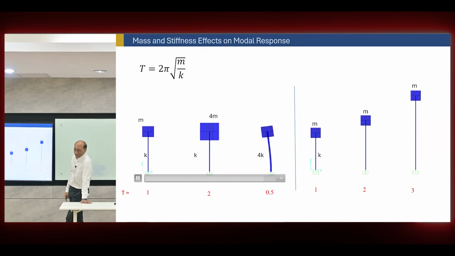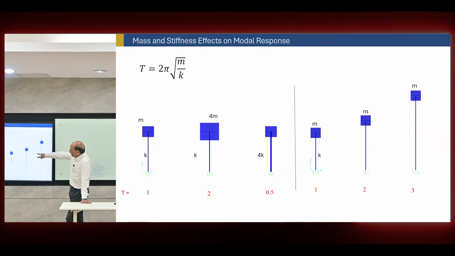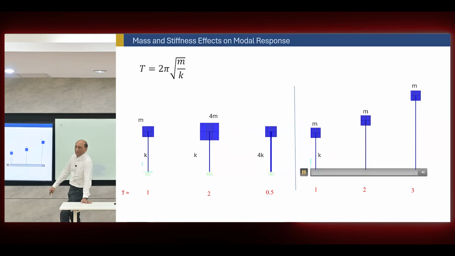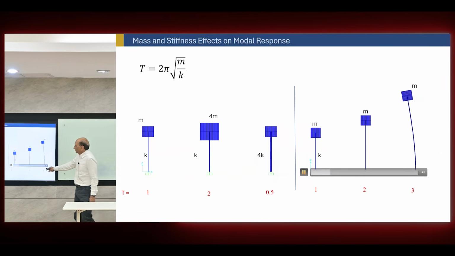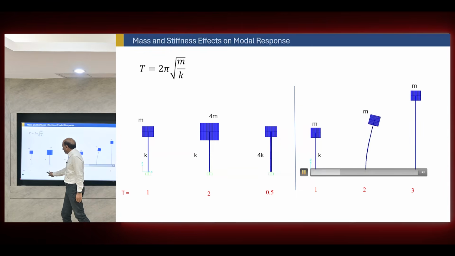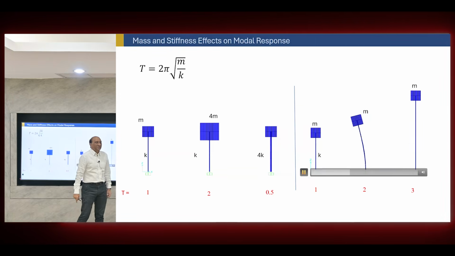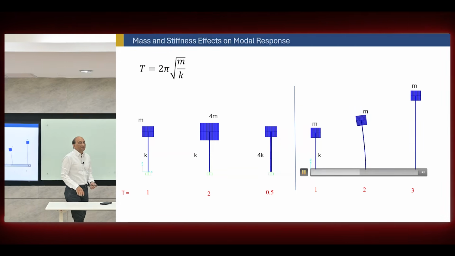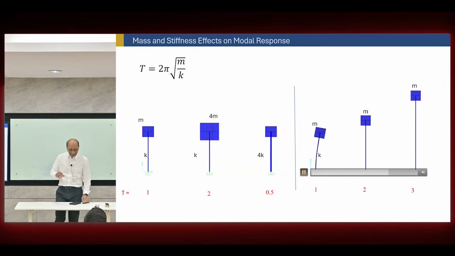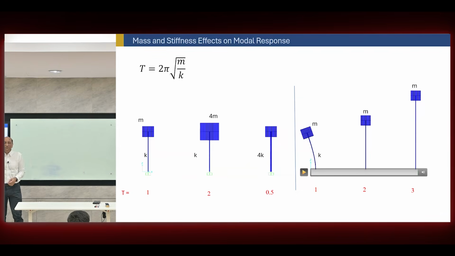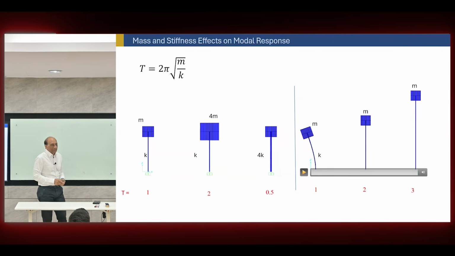It will move first. And this one has stiffness 4 times, so now T is equal to 2. That means it will take 2 seconds to complete 1 cycle. And it is the softness of the structure, because the spring is here. So mass and stiffness interplay.